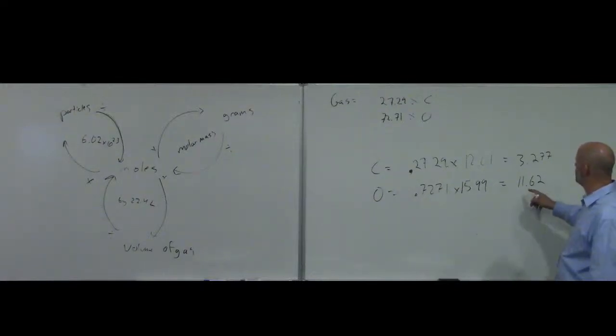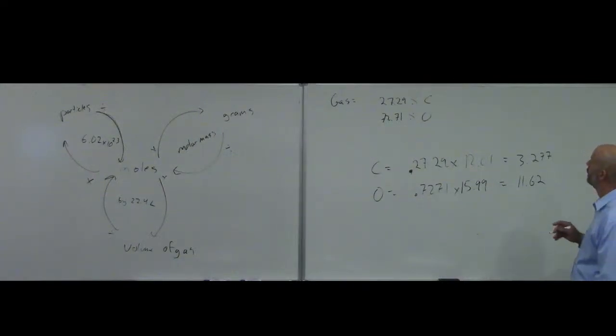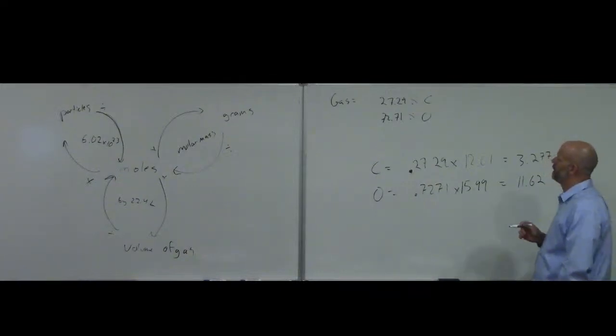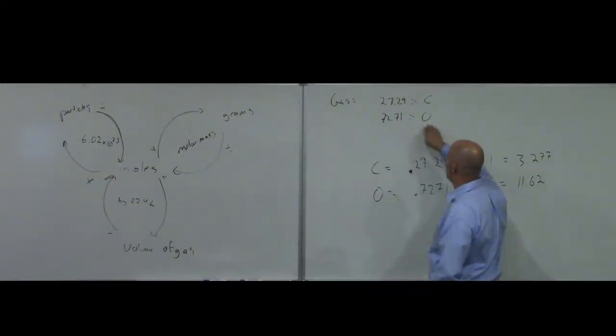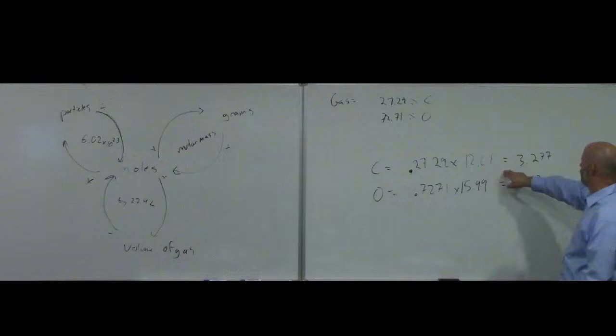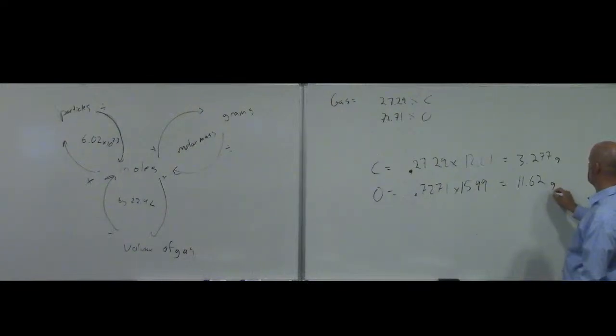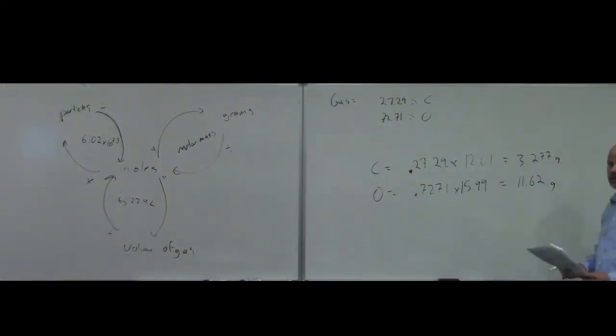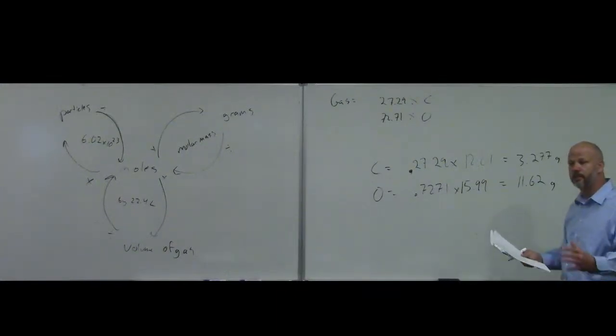So how am I going to figure out my formula for this? Do you add them both together? Or what do you mean formula? Well, we're trying to figure out the empirical formula, right? So 72% of my mass is coming from oxygen. 27% of my mass is coming from carbon. I've run these out. That puts me at 3.277 grams and 11.62 grams. And I've got to get from this to some form of an empirical formula, right? So the simplest whole number formula.